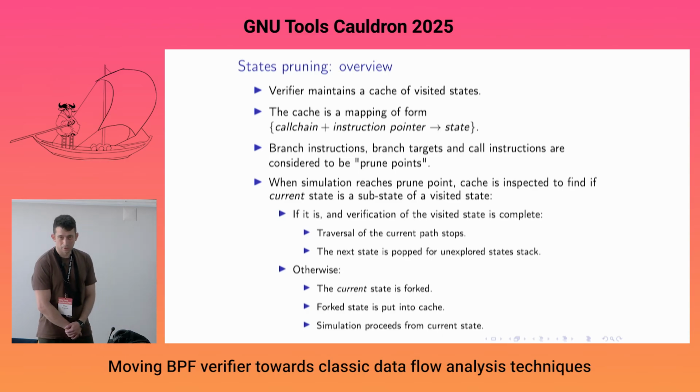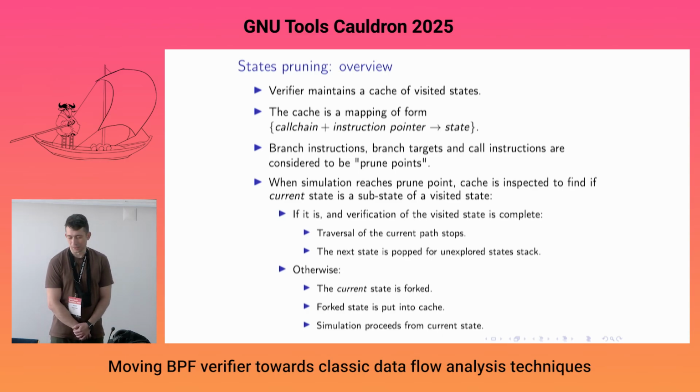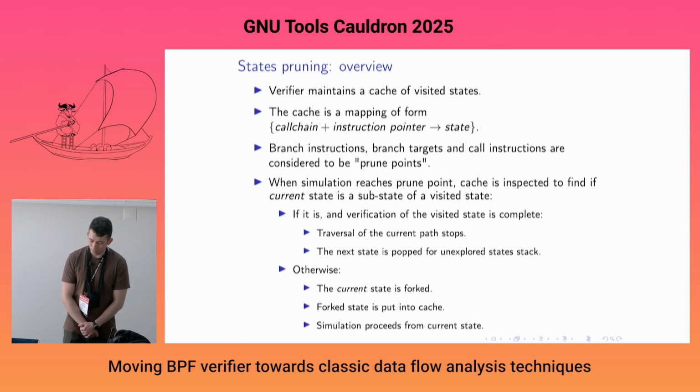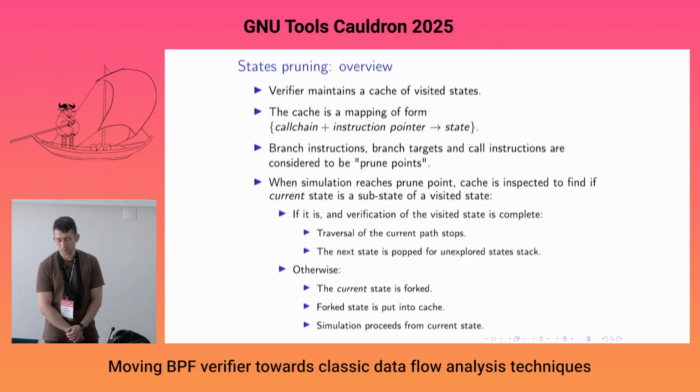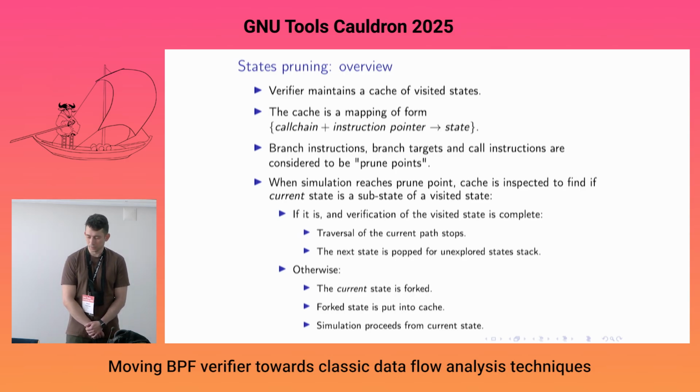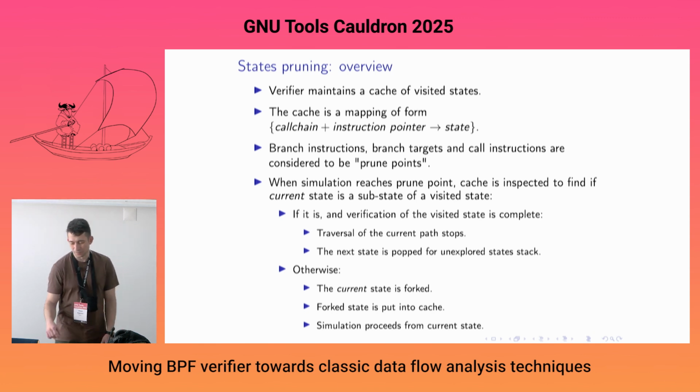The verifier also employs state pruning, a state caching mechanism, to make this work a little more robustly. We maintain a hash table where the key is the current call chain and the instruction pointer in the current frame, and the value is a list of states.